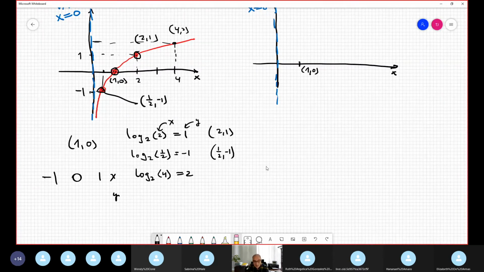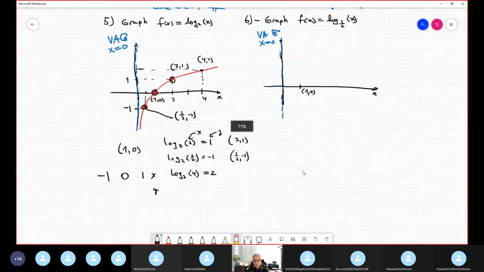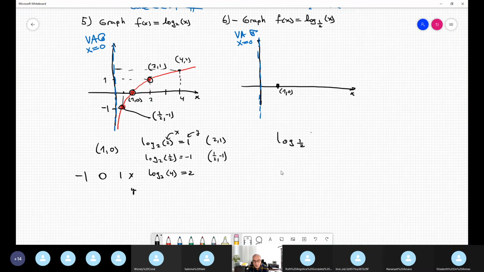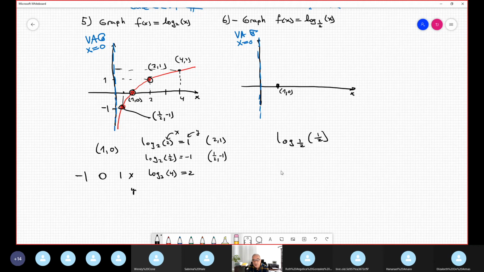Exactly the same we are doing when the base is 1/2. The only thing you need to be aware of is that when the base is less than 1, my logarithmic function is decreasing, passing through the universal point 1,0. But we compare, for example, logarithm base 1/2 of 1/2. It's obvious that it is 1. When the number inside the argument of the logarithm is coincident with the base, it's obvious that it is 1.